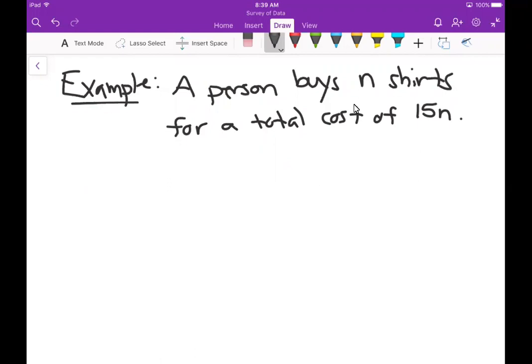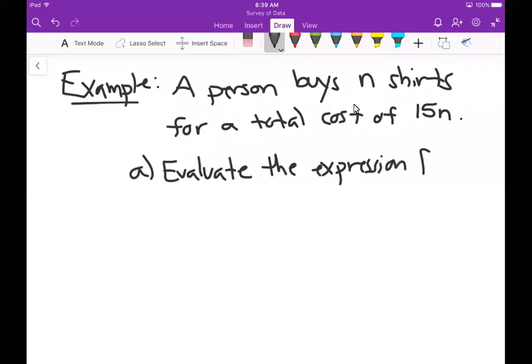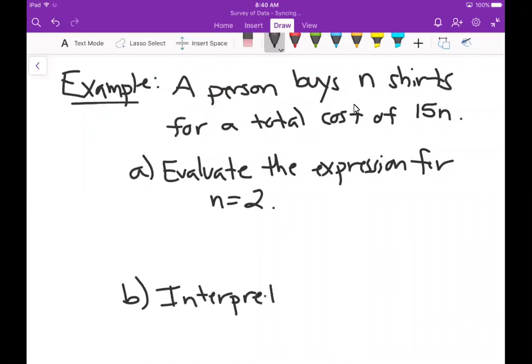So what I want you to do is first evaluate the expression for N equal to 2. And then what we're going to do is interpret that result, understand what we are doing actually when we put 2 into that expression. So interpret your result as the last step.